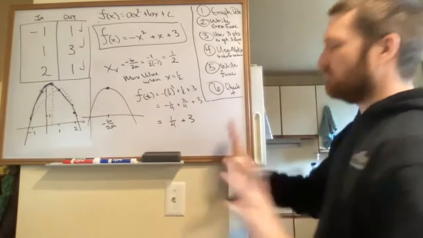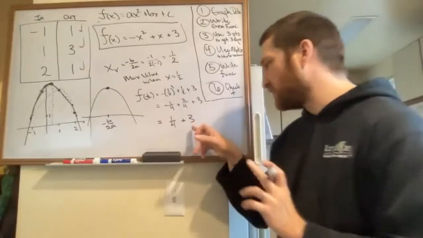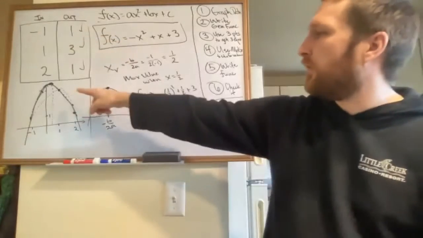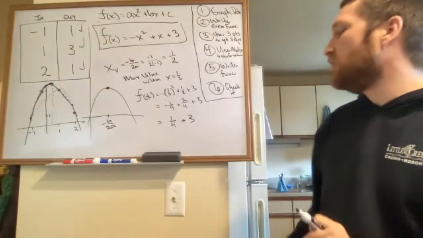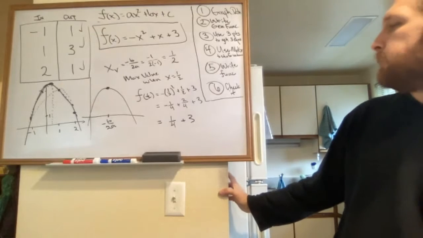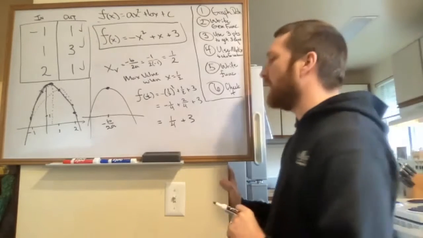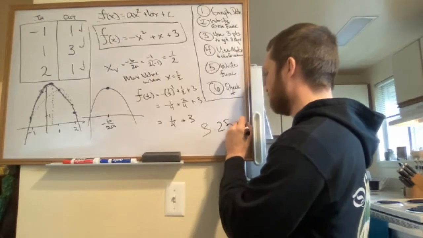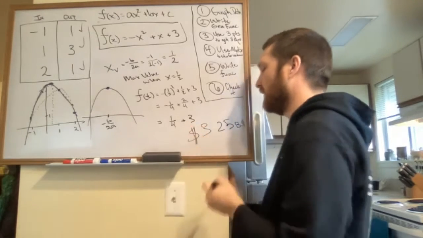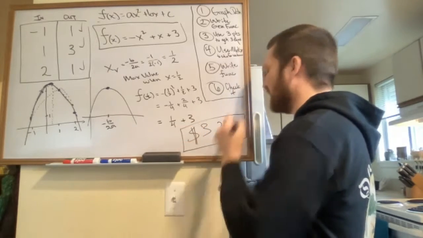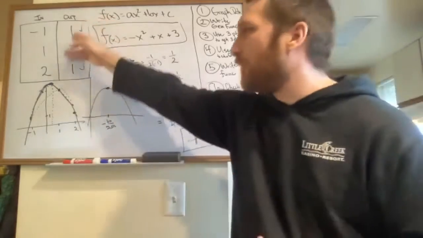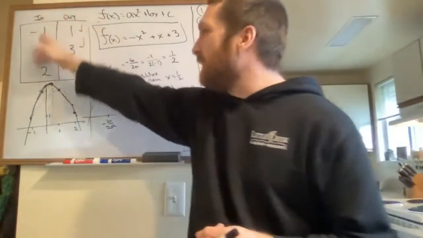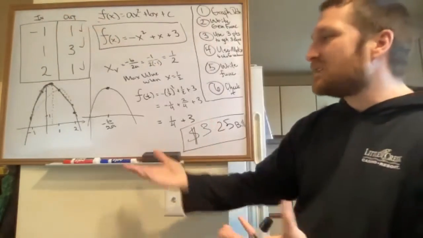And so, I mean, I don't need to actually do that. I could just see, okay, 3 plus 1/4. Yeah, that's what it would be. You would have 3 plus $250 million. So 3.25 billion would be how much money my company could make if the output were in billions and the input were in millions of widgets.